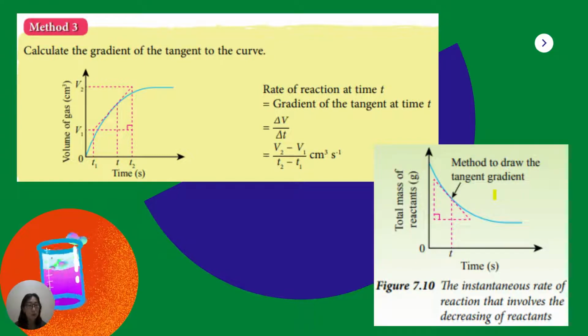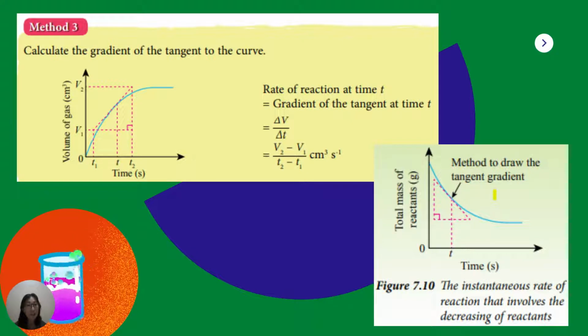Step 3: calculate the gradient of the tangent to the curve. After you draw the tangent, you have to calculate the gradient by using the formula delta V per delta T. Delta V refers to V2 subtract V1, whereas delta T refers to T2 subtract T1.